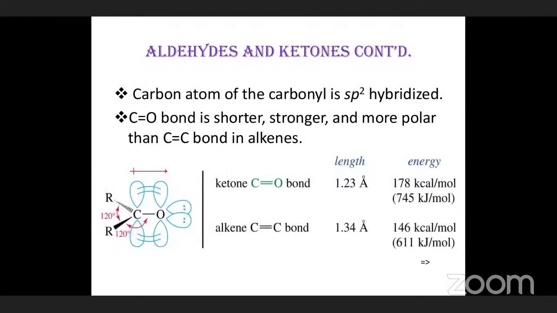So carbon atoms in the carbonyl compounds are sp2 hybridized. You would remember hybridization from your year one, where you have the p orbitals, X, Y, and Z mixing up to form 4 orbitals of sp3, where you have single bonds, 3 orbitals of sp2, where you have double bonds, and 2 orbitals of sp, where you have triple bonds.